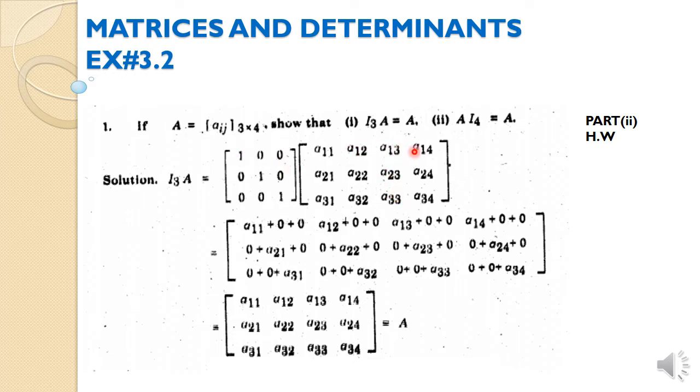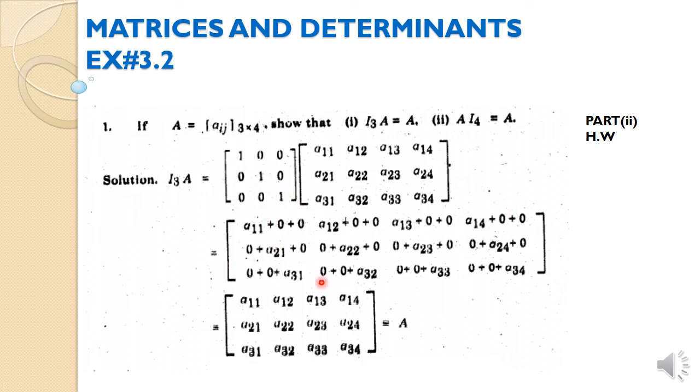Similarly, the first row with the third column: 1 into A13, 0 into A23 is 0, then 0 into A33 is 0. And similarly this row with the last column: 1 into A14, 0 into A24 is 0, then 0 into A34 is 0.